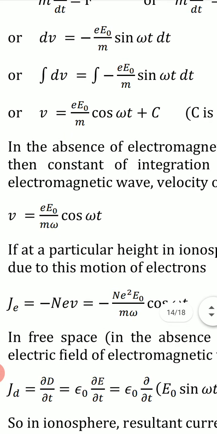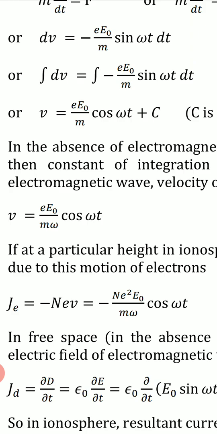If we assume that electric field is not present, E0 is 0, and we assume then the velocity of electron v is 0, then this gives the value of this constant c, which is 0.